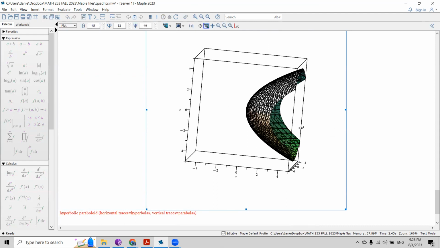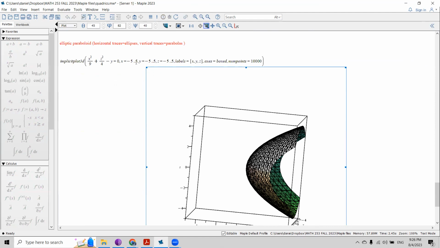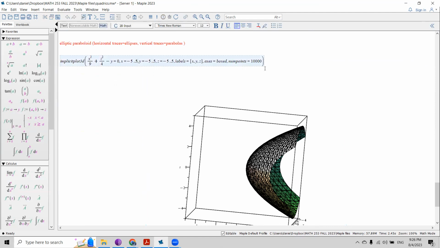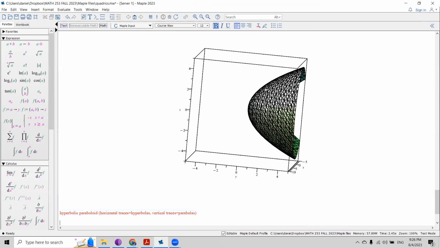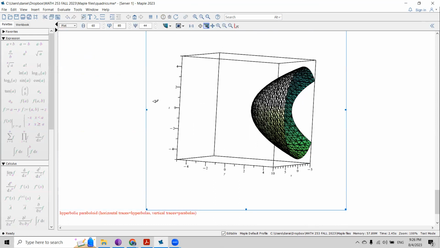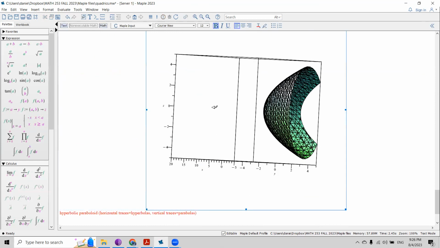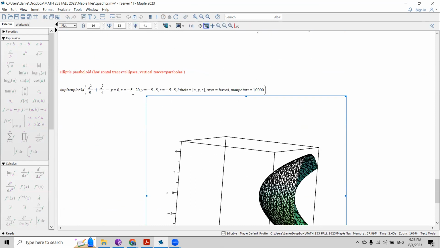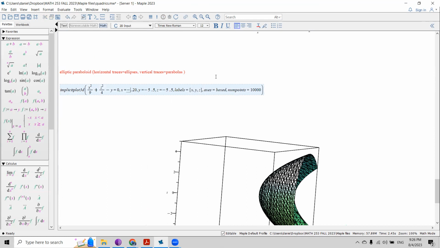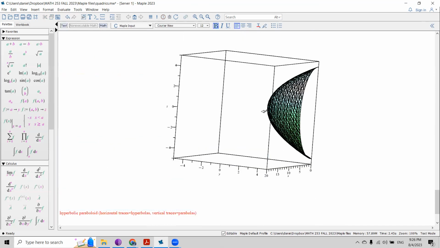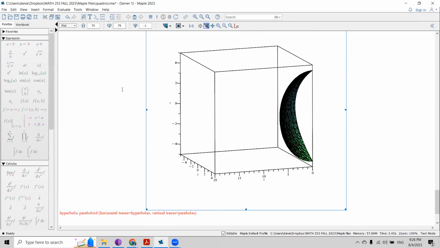If you really want to see it even better, I think we're going to have to extend x in the positive direction a little bit. There you go. Even more so, probably. Let's say 20. And I think I'm going to make it from 0. Well, still not good, actually.